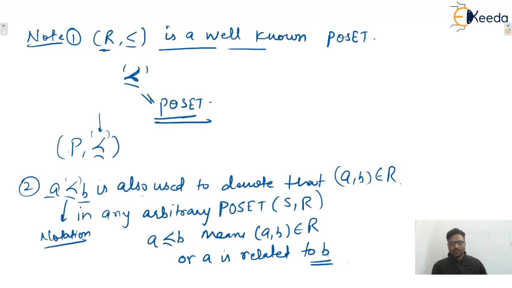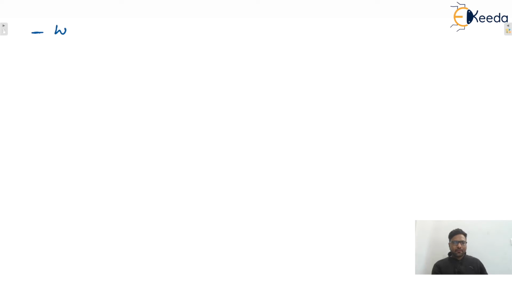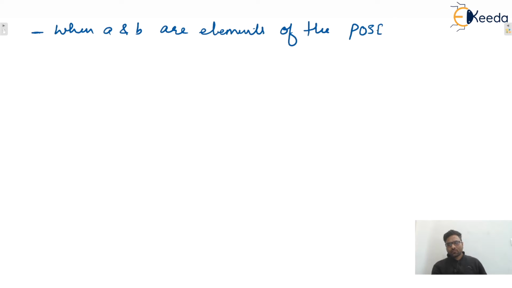Next one. Let's say A and B are elements of the poset. This is the notation for the poset, not the usual less than or equal to.